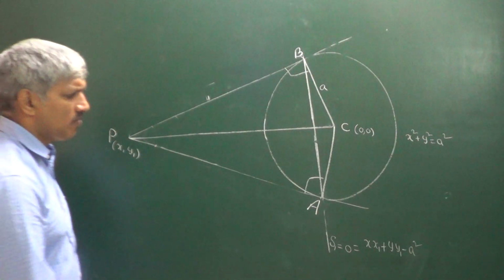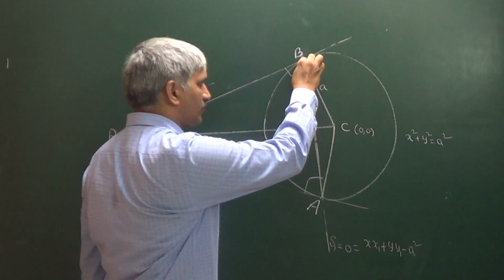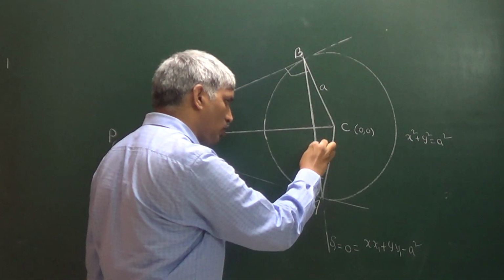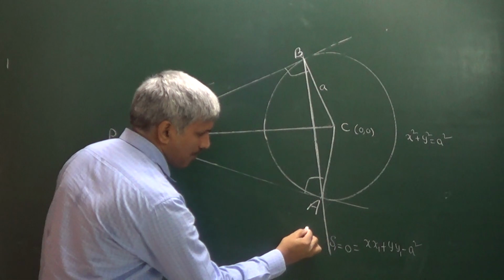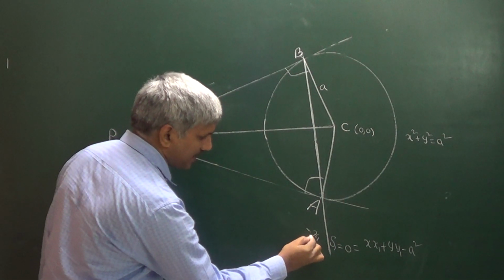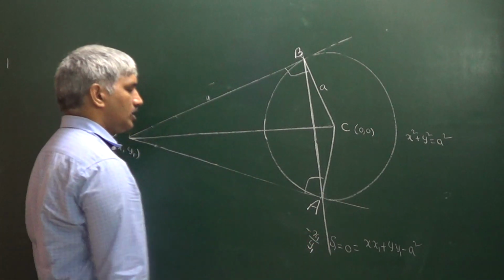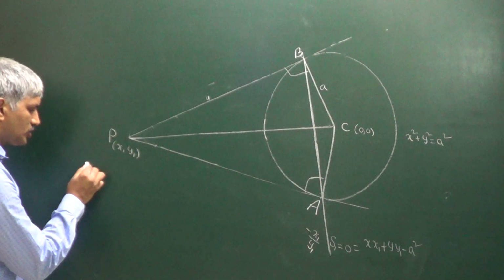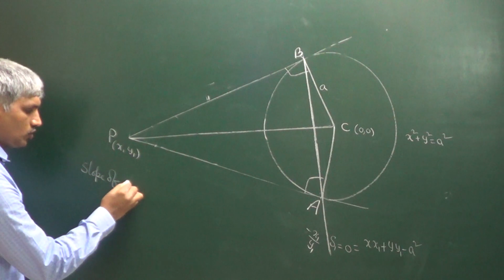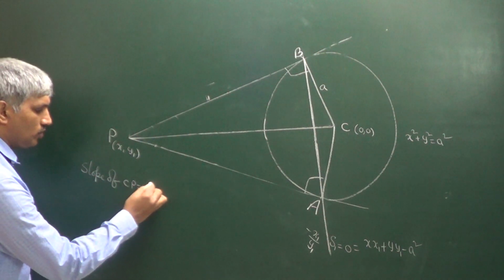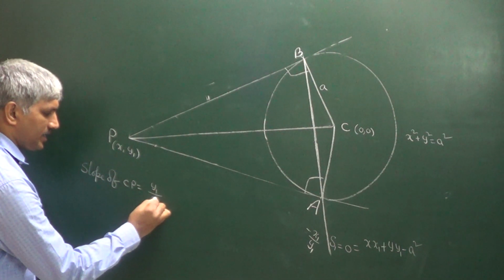Can you tell me what is the slope of this chord of contact? That means this line slope is how much? This line slope is equal to minus x1 divided by y1. Now can anyone tell me what is the slope of CP? Slope of CP is equal to y1 divided by x1.